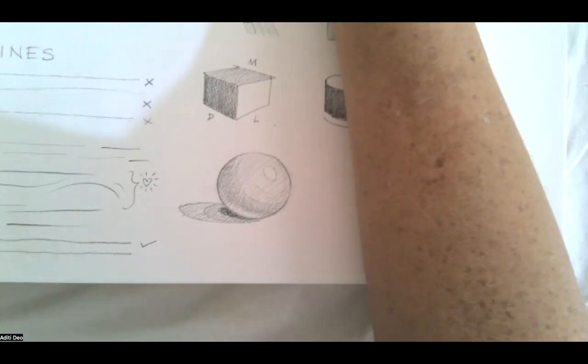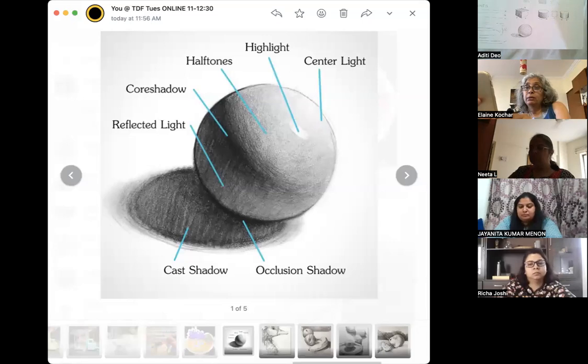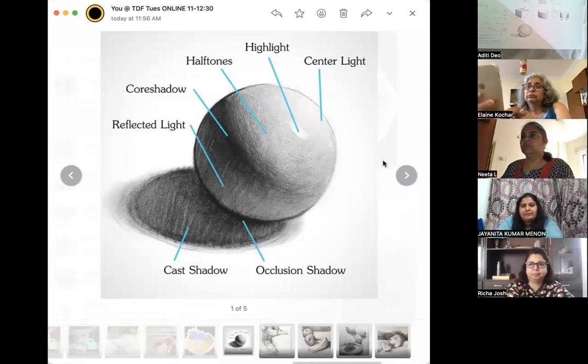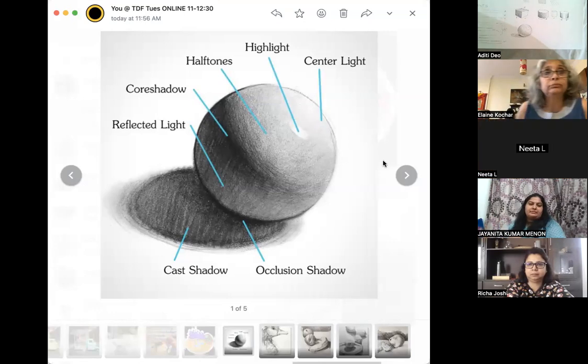All right. So these are the images that I've shared. We are going to do a more extended study of this next week.